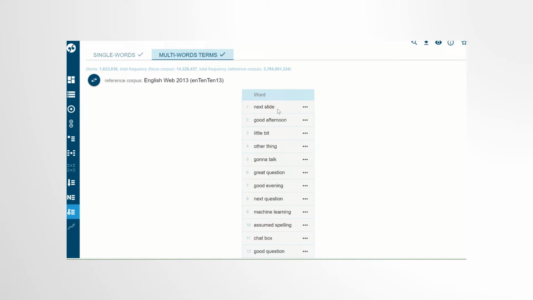And next slide, for instance, is very common. That's something, of course, we wouldn't find in a corpus of conversation. So there's a clear difference here already with a corpus of everyday conversation. But a little bit is clearly something we'd also expect there.